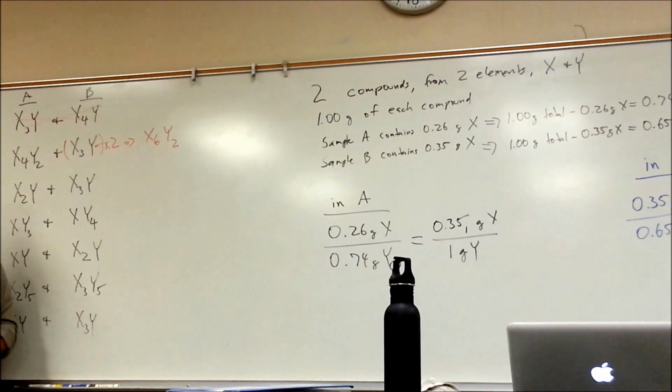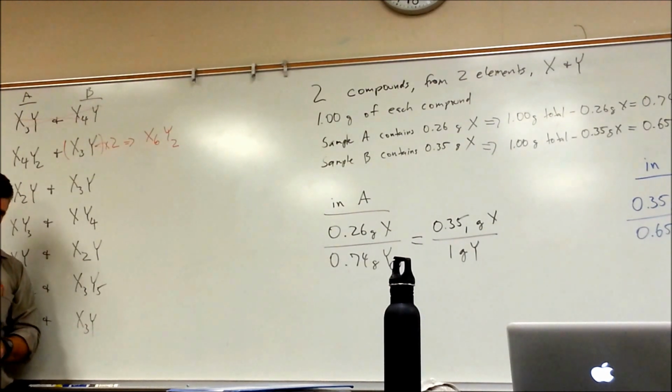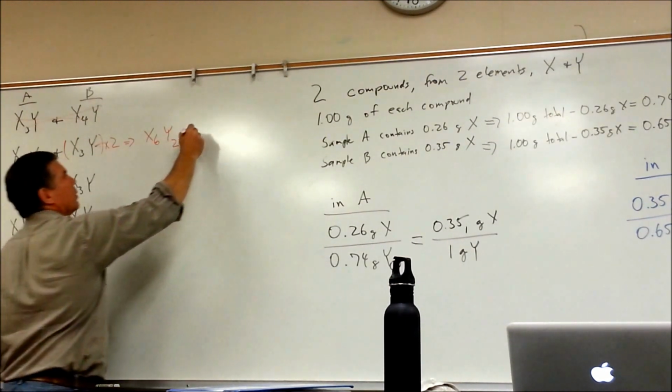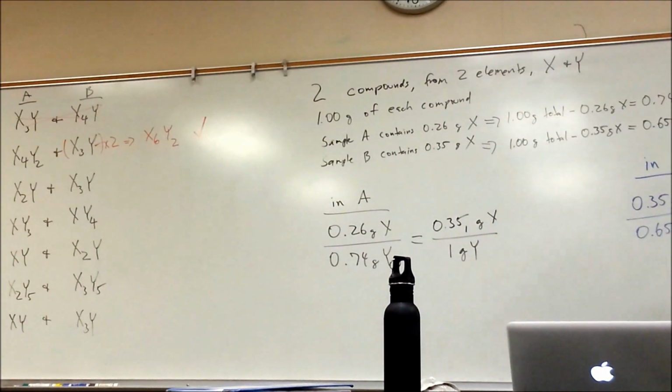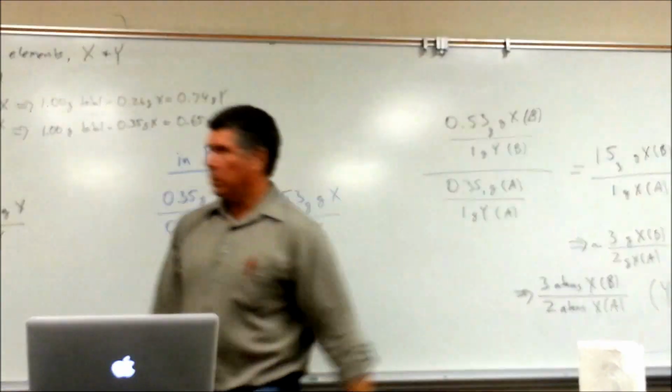So what we're looking for is 3 X's in B for every 2 X's in A, keeping Y constant.